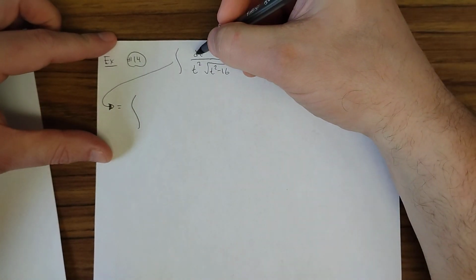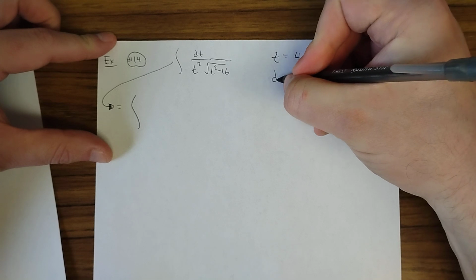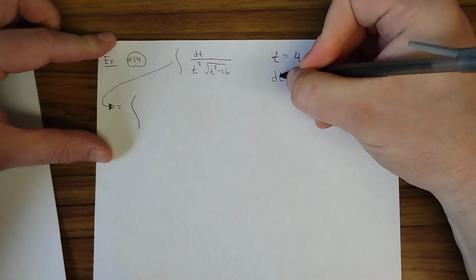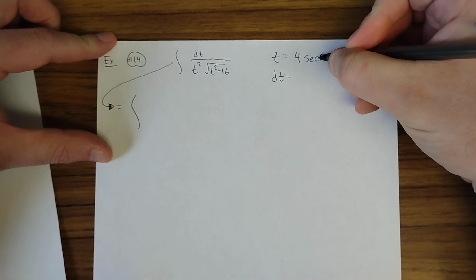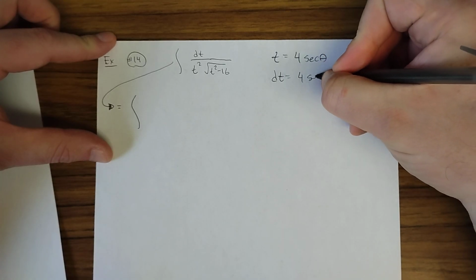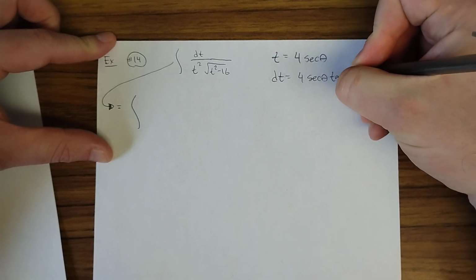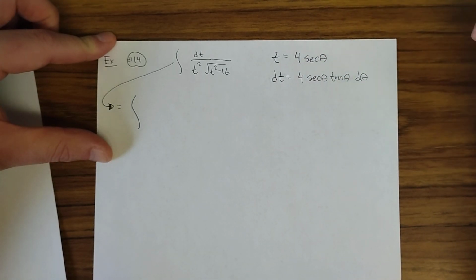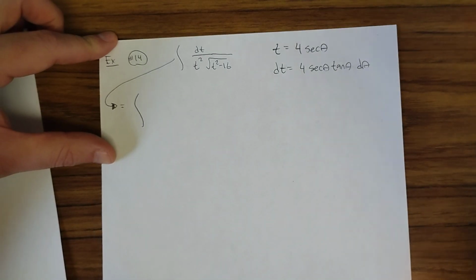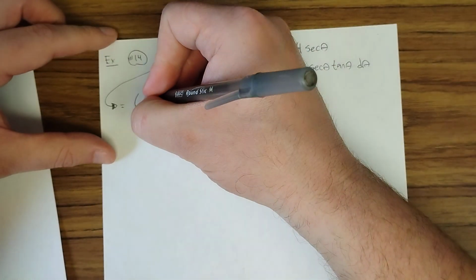Oh, yeah, before I do anything, I should have done dt. The derivative of secant is secant times tangent. So it's like that. Okay, so dt is that.